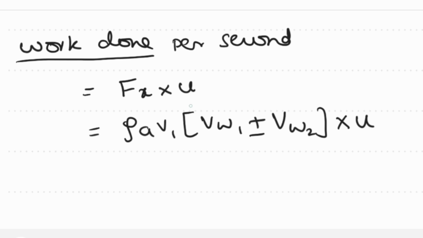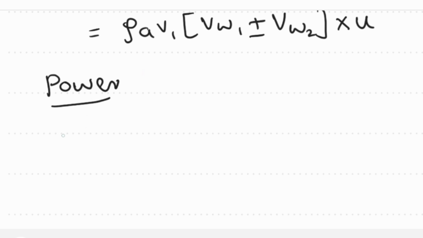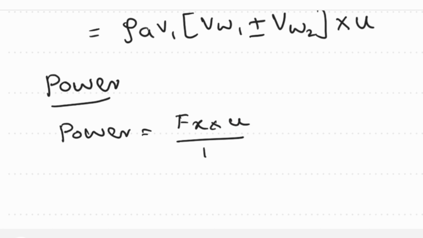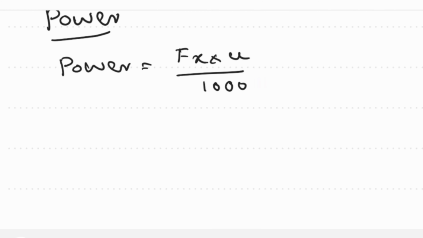When work done per unit weight, you should divide by rho into A into V1 into g. So power is equal to Fx into u divided by 1000.